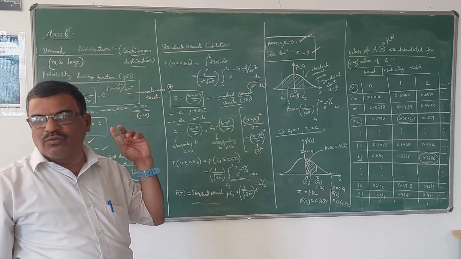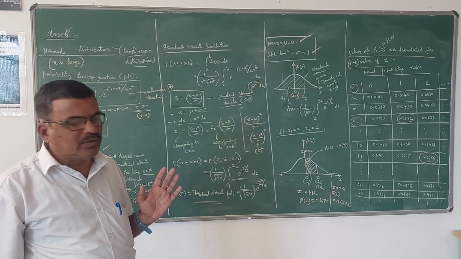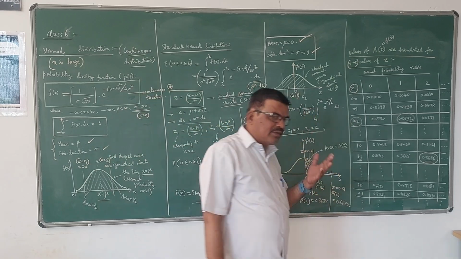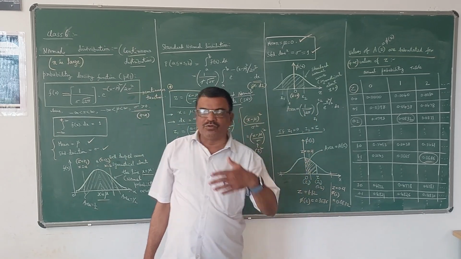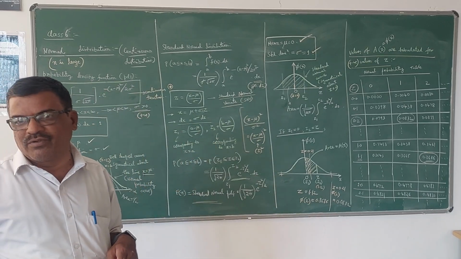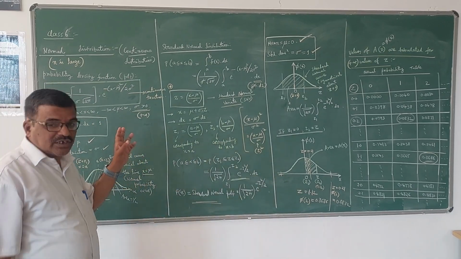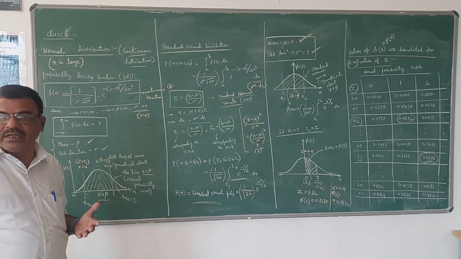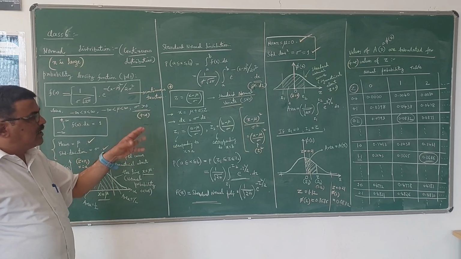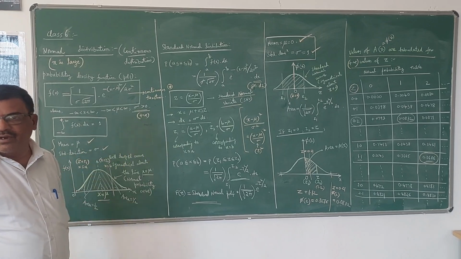In most cases, for example, the marks of some 1,000 students, it will fit. You can fit a normal distribution curve for that. When n is large, in terms of hundreds or thousands, then you can go for normal distribution. Next class I will take up some problems on normal distribution.